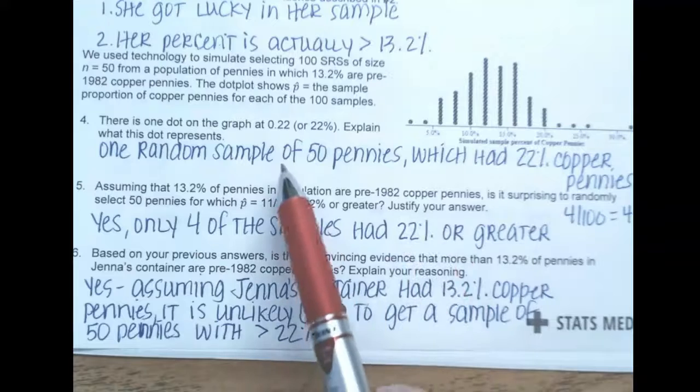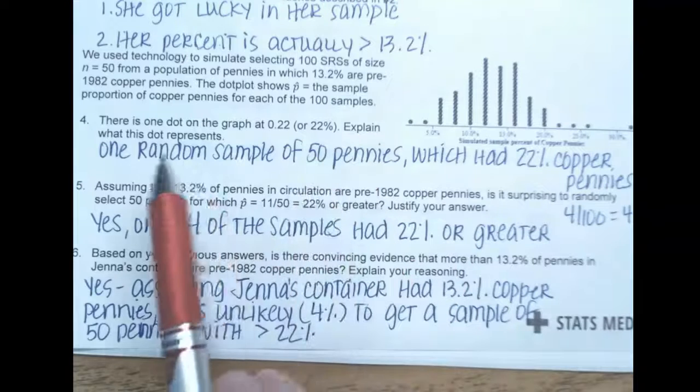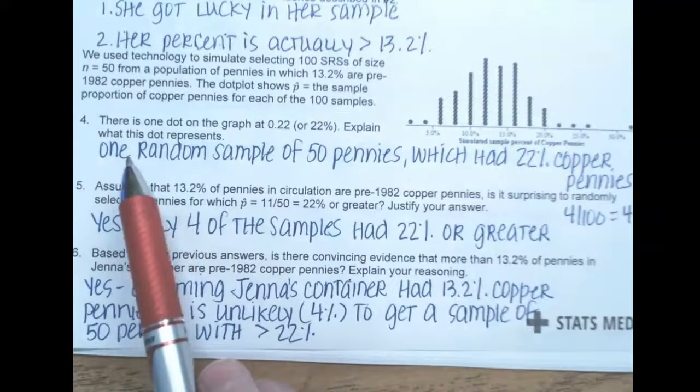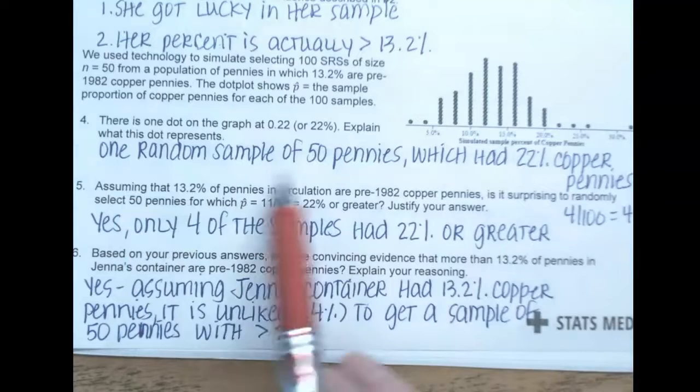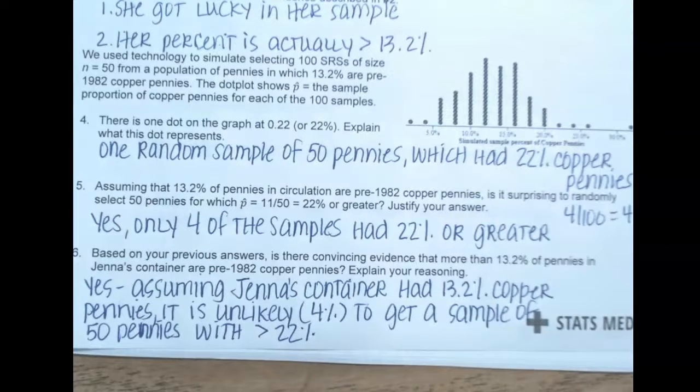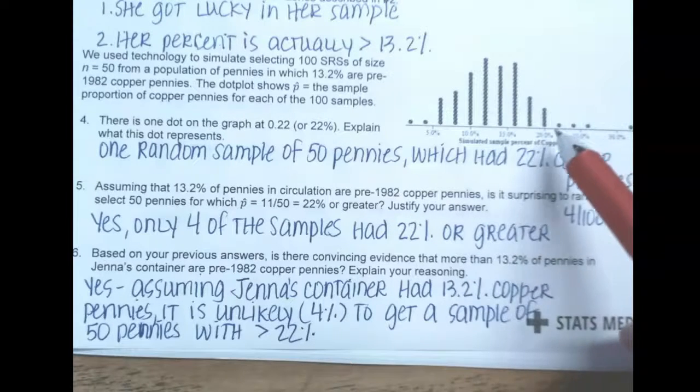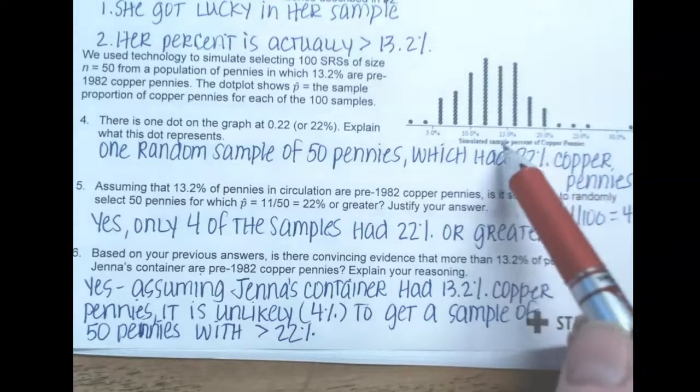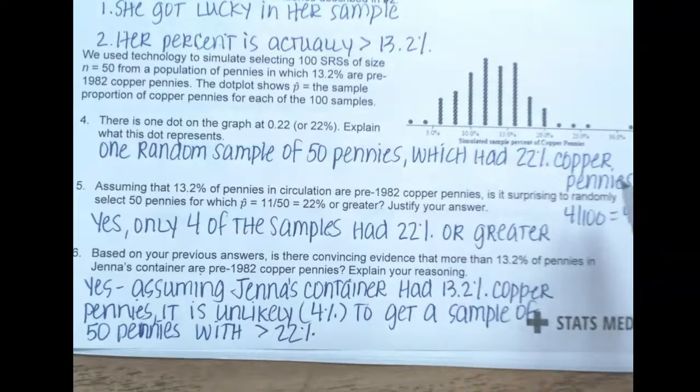Explain what the dot represents. The dot represents one sample of 50 pennies, which had 22% copper pennies. So you always have to understand what each of the dots represent. They all represent the same idea in their respective percentages. They're all one sample of 50, and then they're placed over the percent that they had.